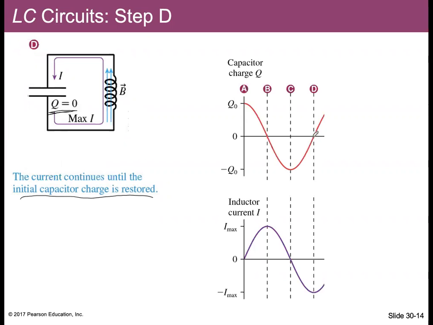And so when the charge is 0, that is when our current is at a maximum again, but in the opposite direction. And so it will continue until it gets back to the point where the charge is back to Q0. So that is like the spring passing back again at maximum velocity, right in between. And that's exactly the point we are in this circuit.